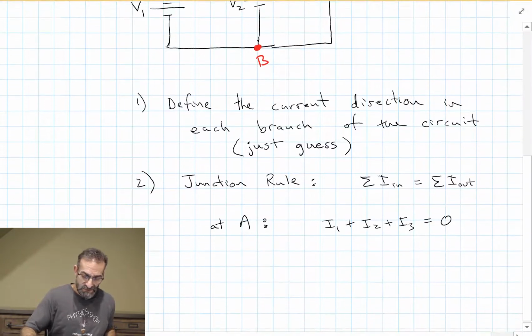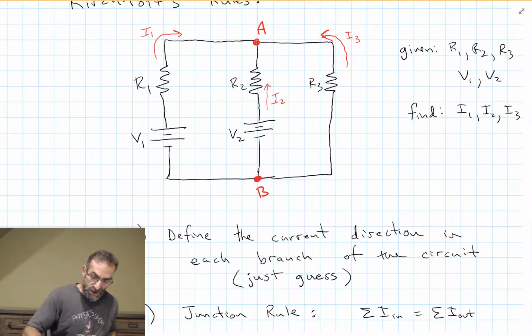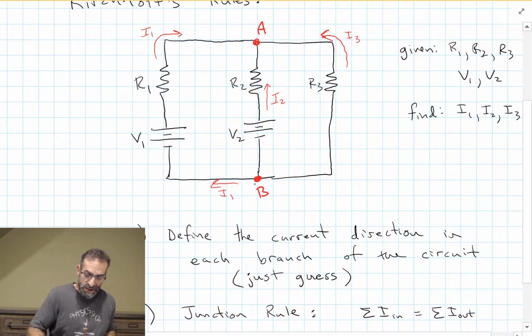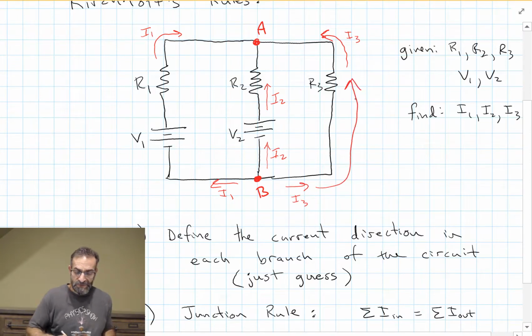Let's see. We have to follow these tails around. I1 is coming out of B, and it's going up this side and around and into A. I2 is flowing up the middle, and I3 is flowing this way and up and around this side.